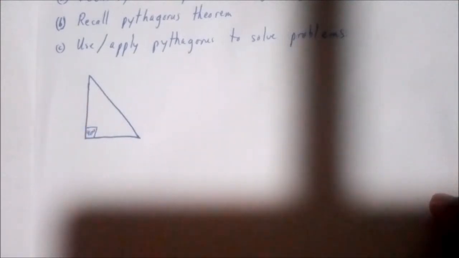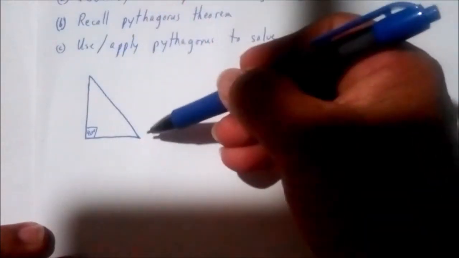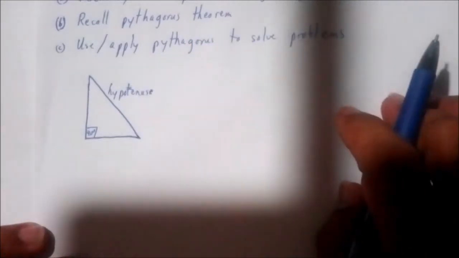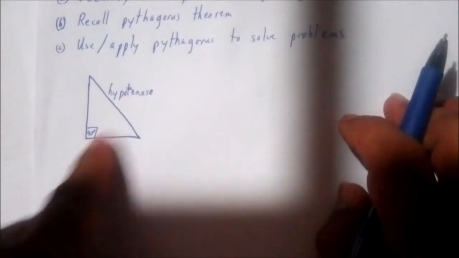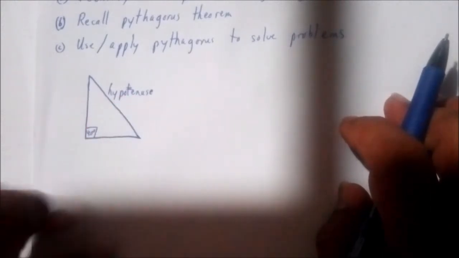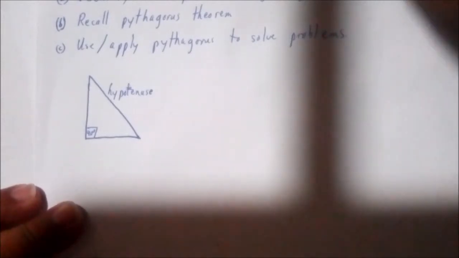The longest side is known as the hypotenuse, and you can identify it in two ways. One, the hypotenuse is always opposite the right angle, or opposite the 90 degrees. Two, it is always the longest side of a right angle triangle.